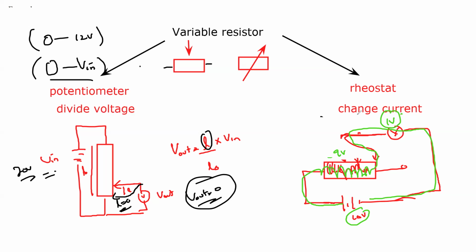But in a potentiometer or a potential divider, when a variable resistor is used as a potentiometer, you can vary the voltage from 0 to the maximum. That is the advantage of using a potentiometer over a rheostat. Both are variable resistors, but the way we connect a variable resistor, we call it a potentiometer or a rheostat.